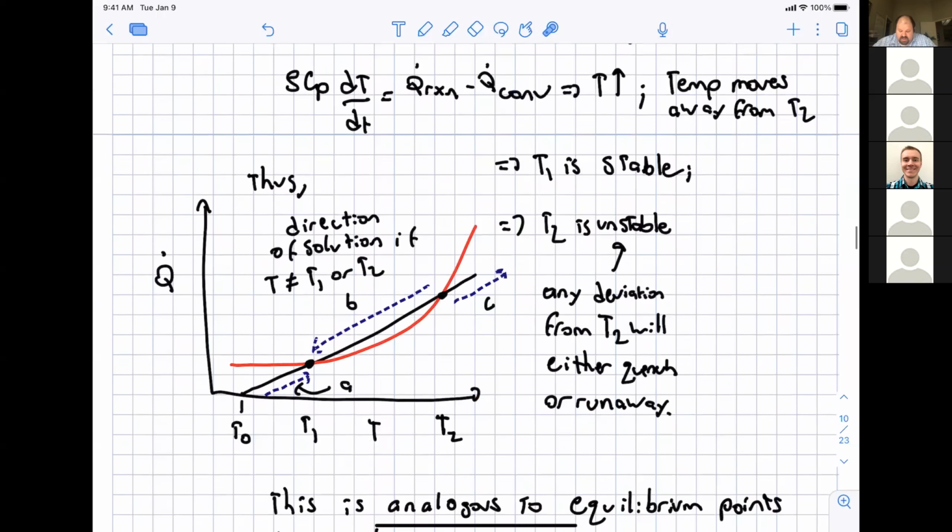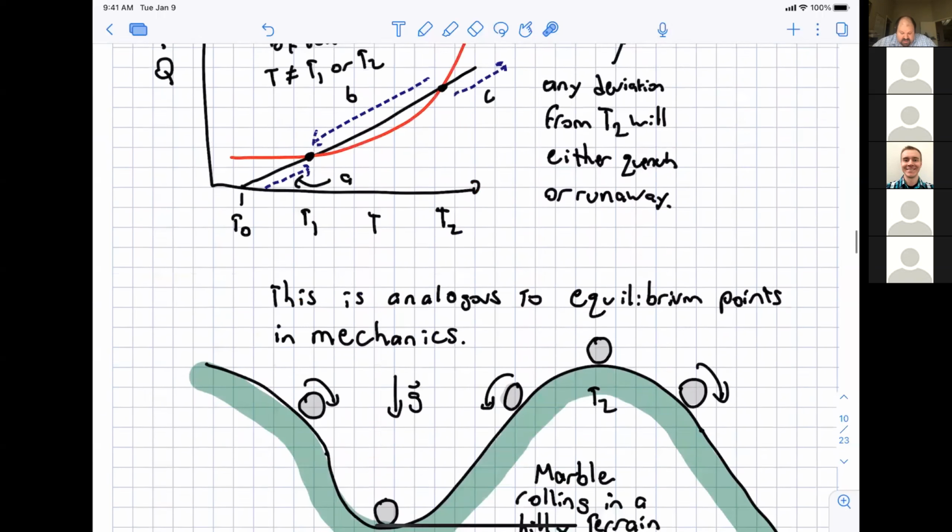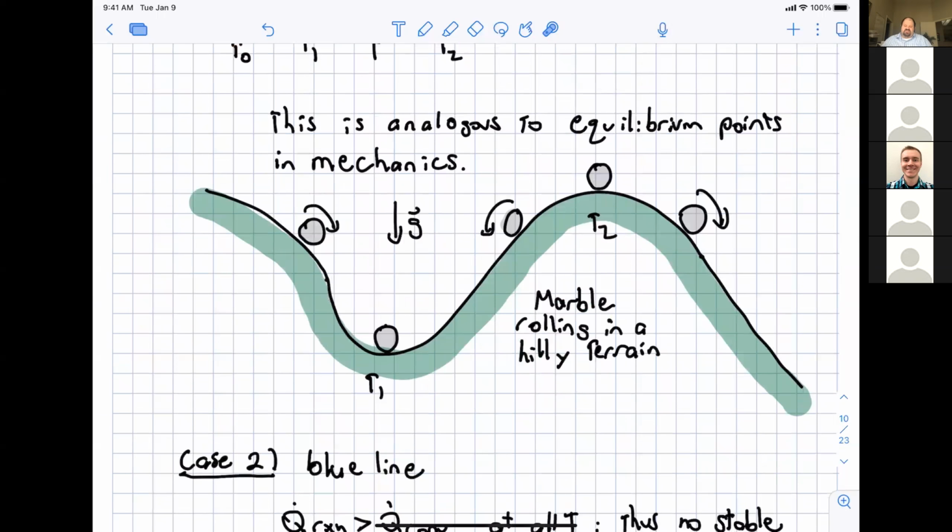Okay, so this is what I just said. I'm not going to repeat it, but this is just a graphical representation of what I just said. And so again, T1 and T2 are analogous to equilibrium points in mechanics, where if this is a ball rolling down a hill, T1 is inside of a valley, and T2 is at the very top of the hill.